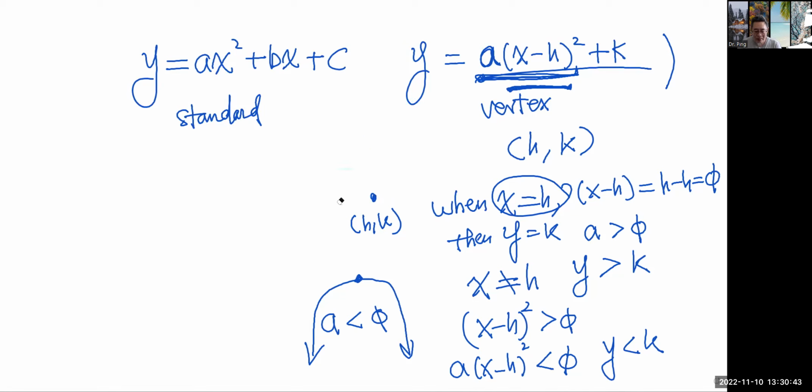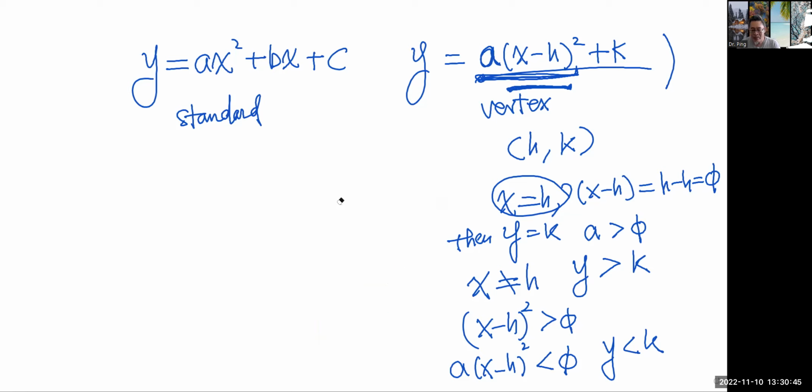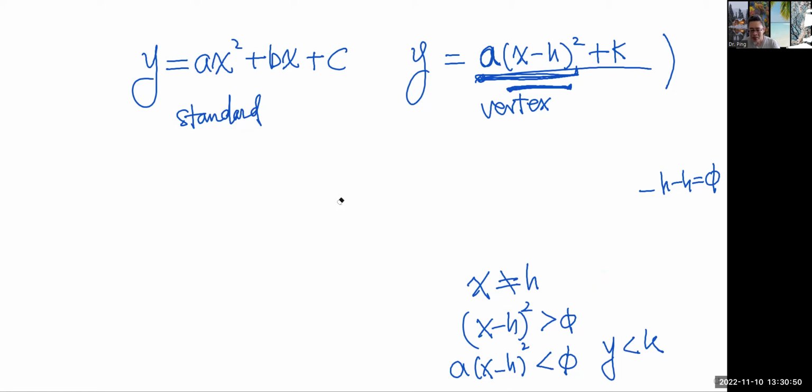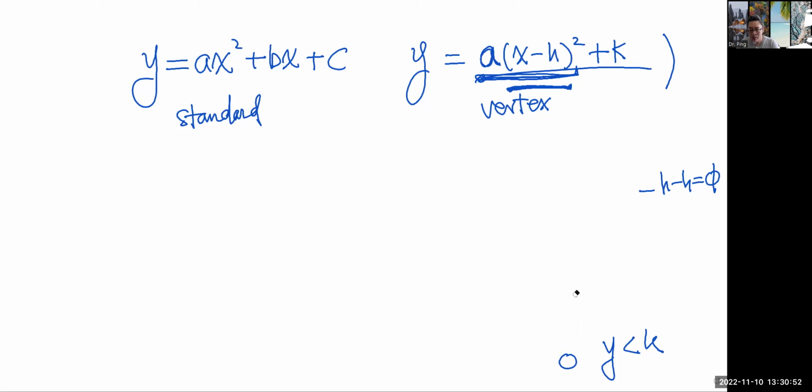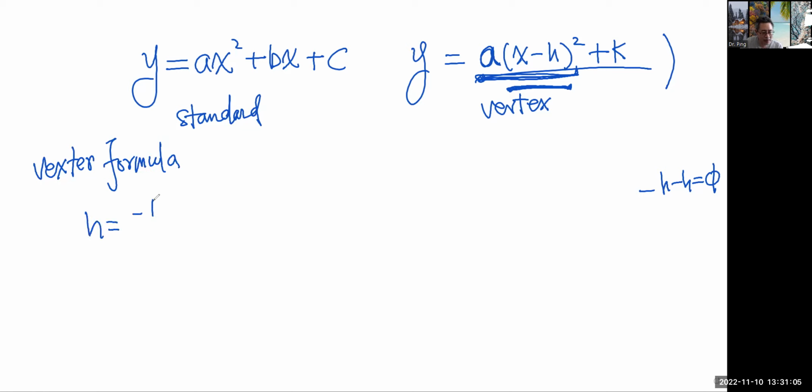Now we are going to derive the vertex formula. When we study quadratic functions, we have two forms, standard form and vertex form, and we have two formulas. One is called the vertex formula, which allows you to find the vertex point: h equals minus b over 2a, and k is 4ac minus b squared over 4a.